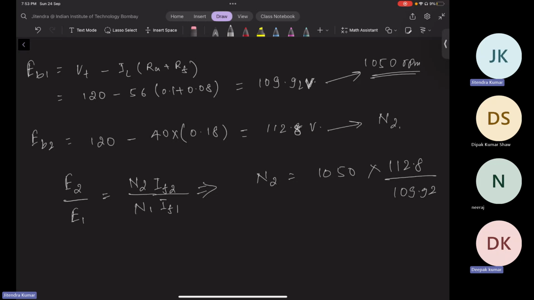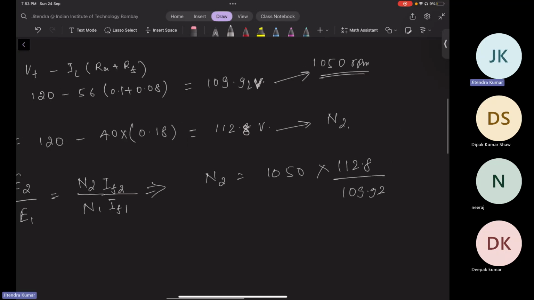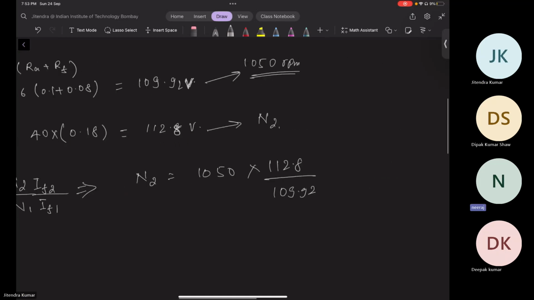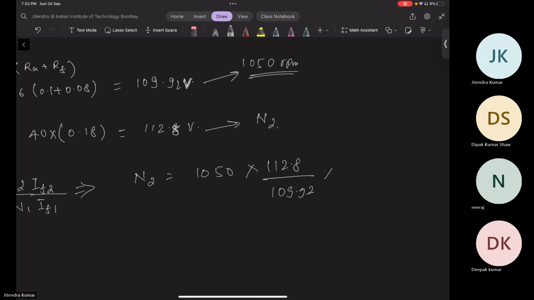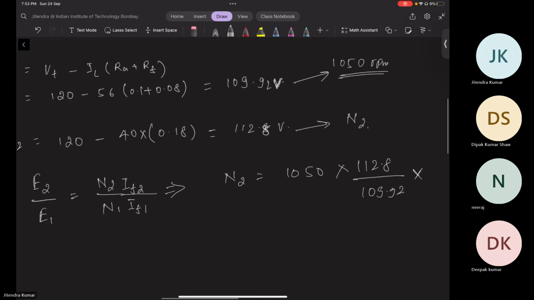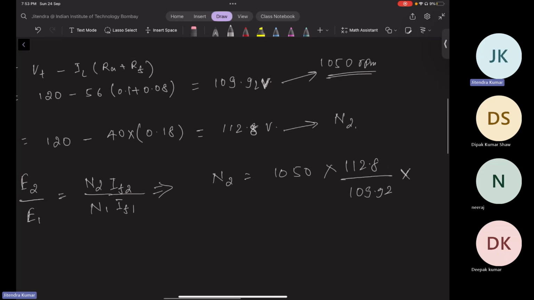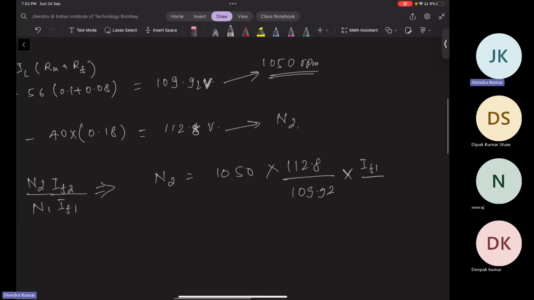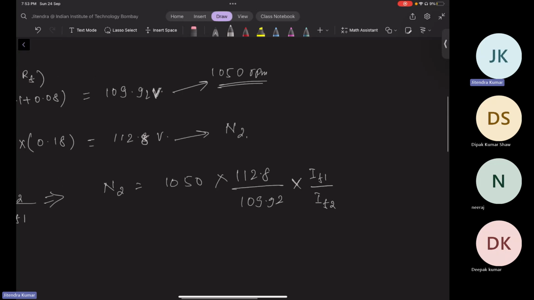Yes, sir. And this IF2 is nothing but IL2 and IL1. So again, we have to multiply it with IL1 by IL2, that is, IF1 by IF2, and IF1 was 56, so it is 56 by 40. How much will it come out to be?